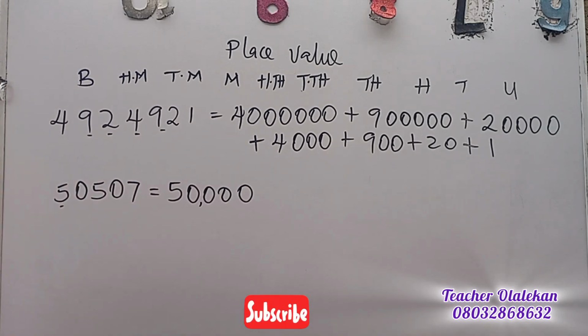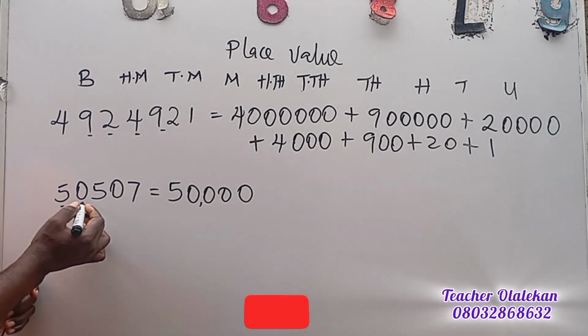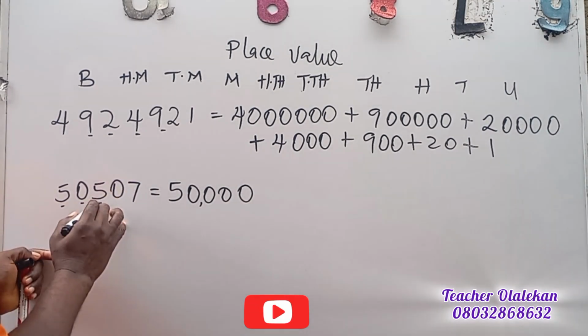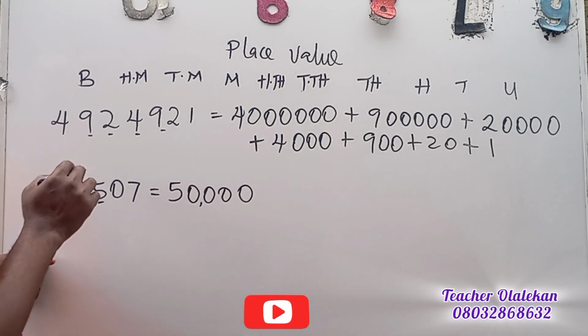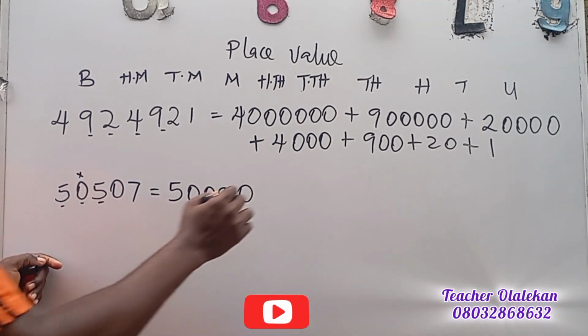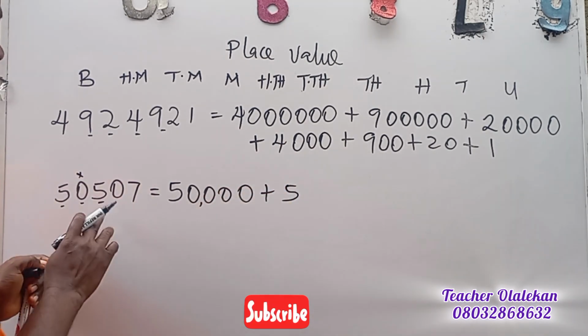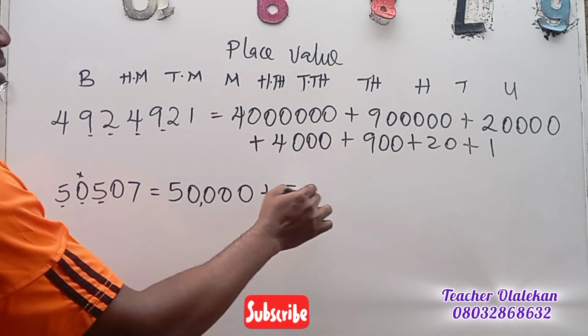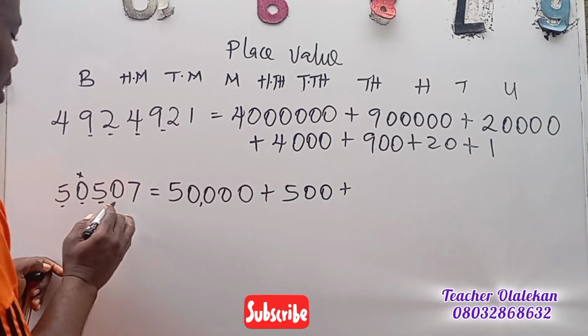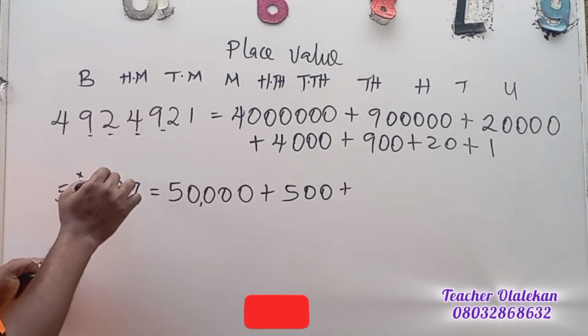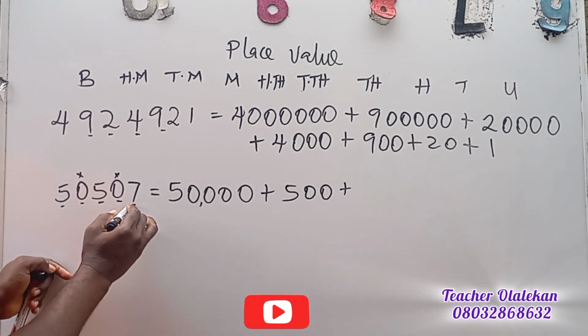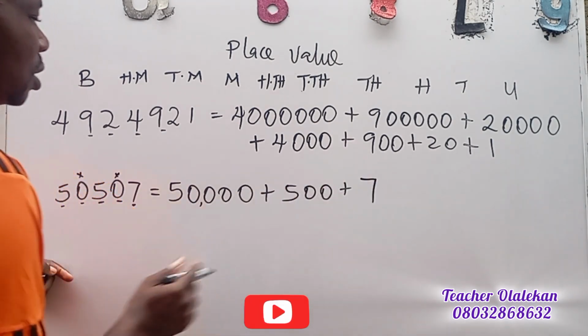And the next one is 0. Zero means nothing, so we skip it and move to the 5. That will be plus 500. The next figure is also 0, so we skip it as well and move to the 7. That's 7, nothing behind it.